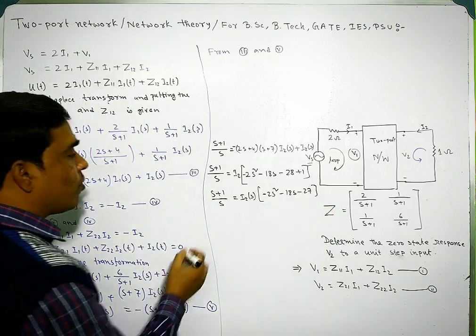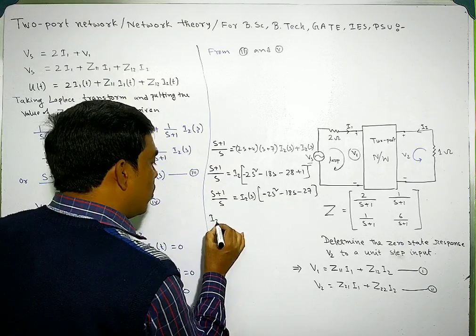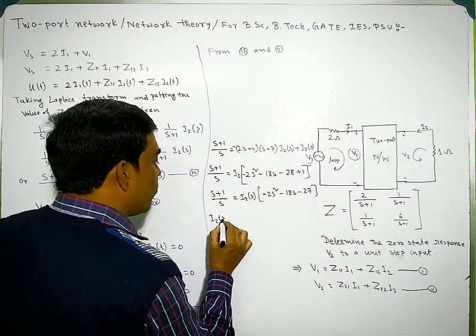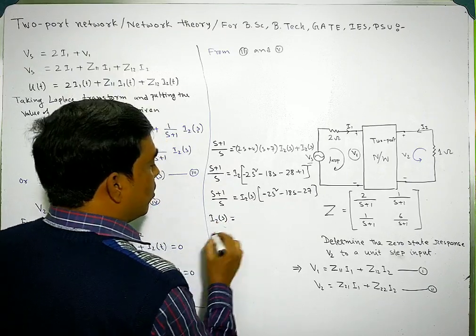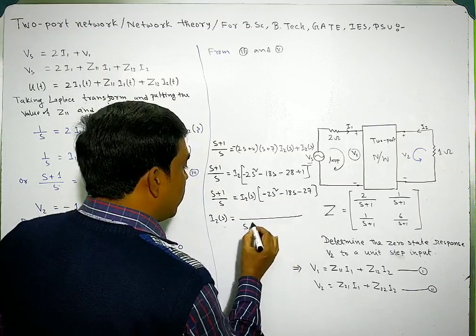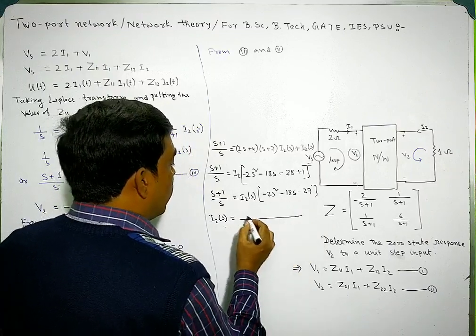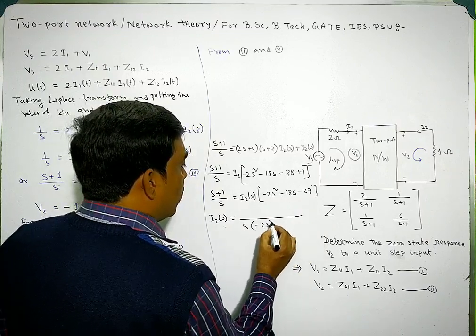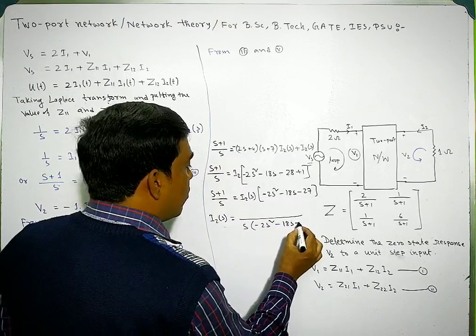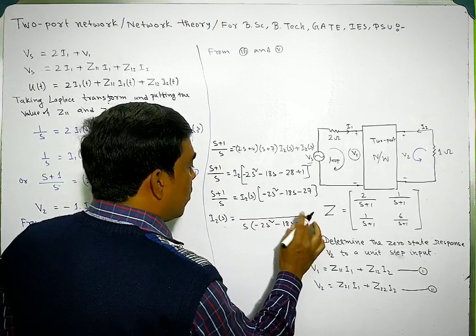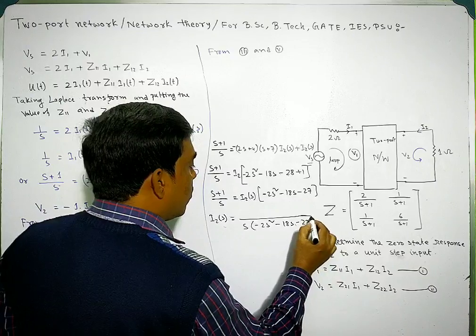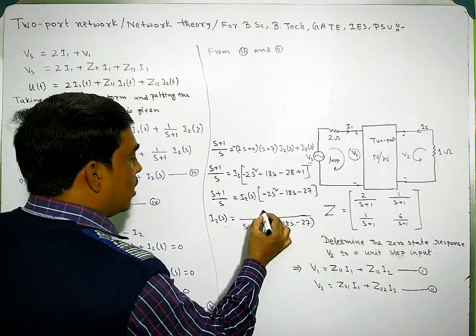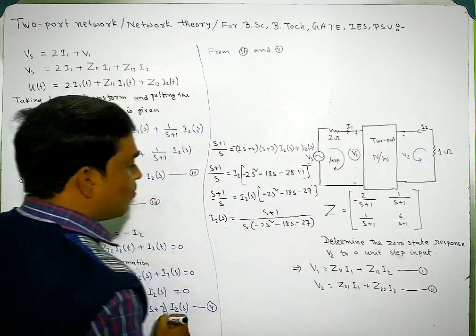So I2 is given by (s plus 1) divided by s into minus (2s square plus 18s plus 27).